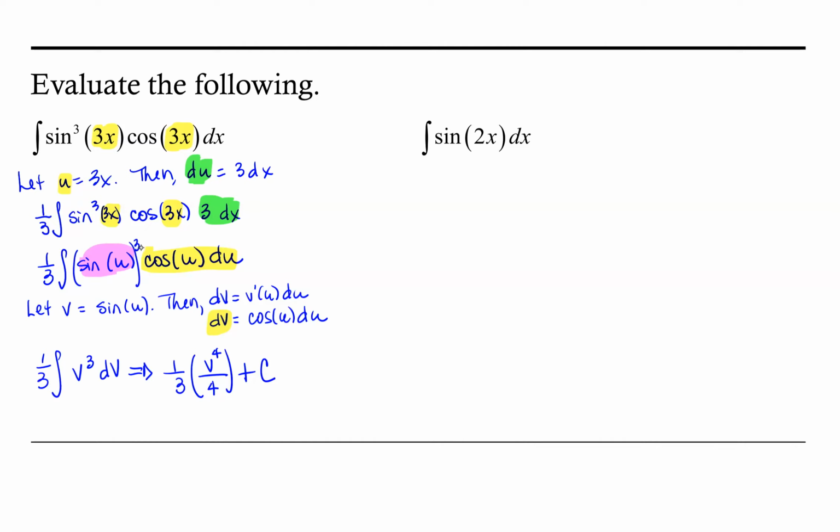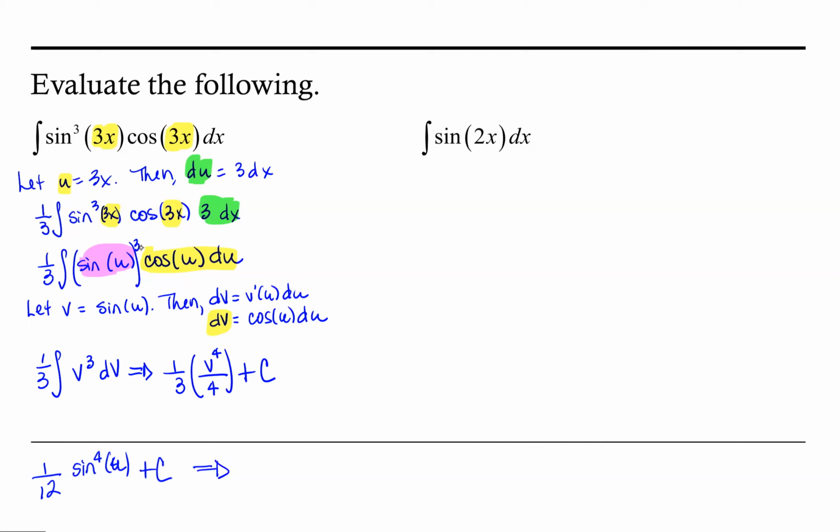But now I would need to go and back substitute twice. So what did we say v was? We said that v, well, this will actually be 1/12 if I multiply my denominators. V, we said, was sine of u, so 1/12 sine to the 4th of u plus c.